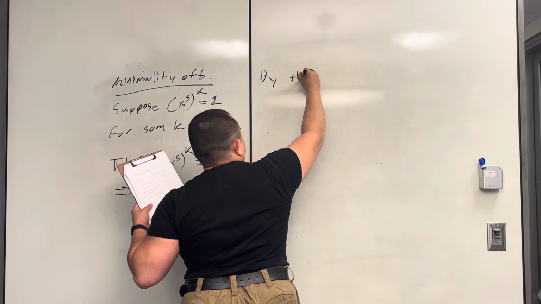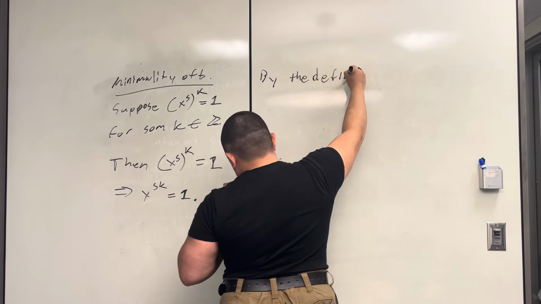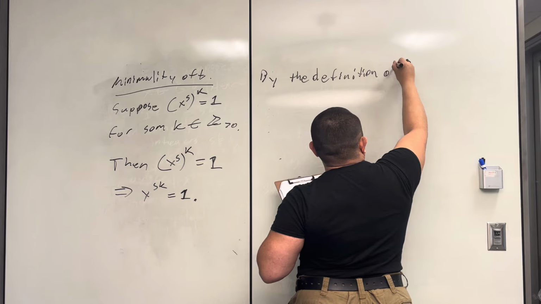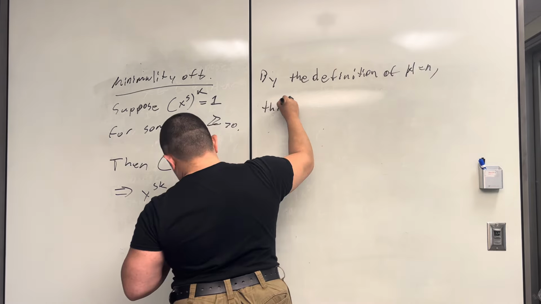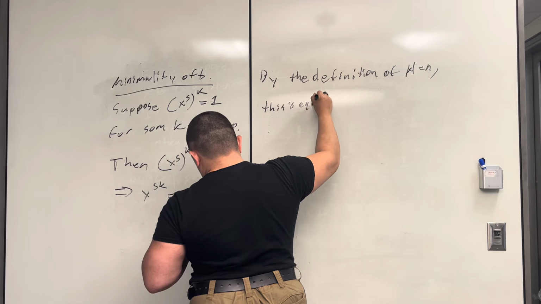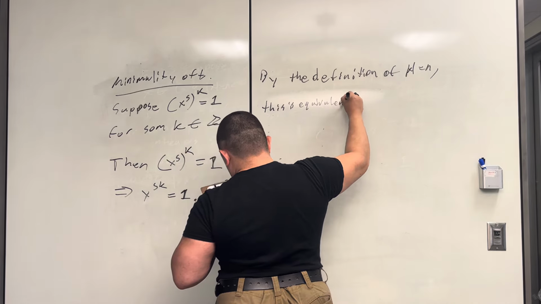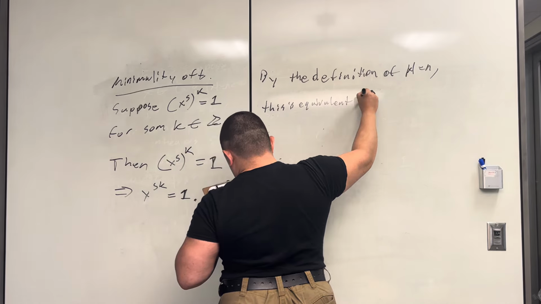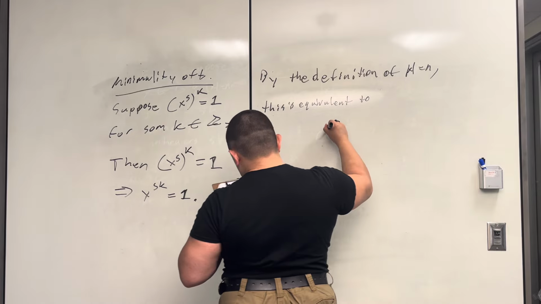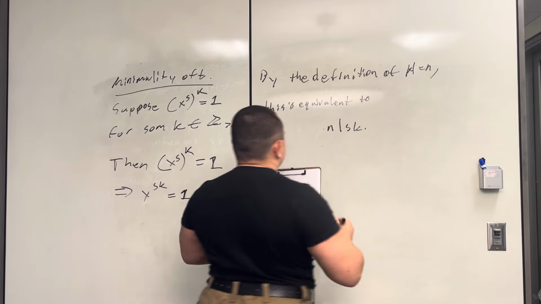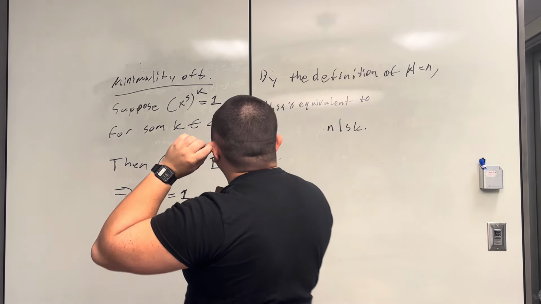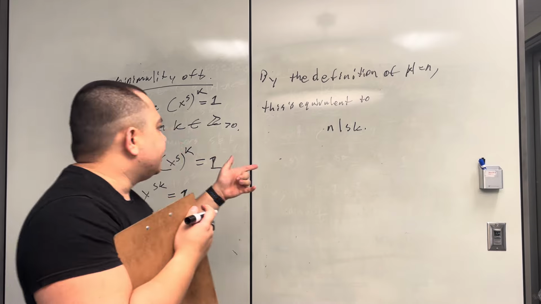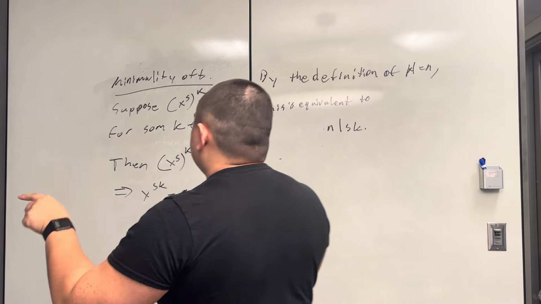By the definition of the order of x is equal to n, this is equivalent to n divides sk.